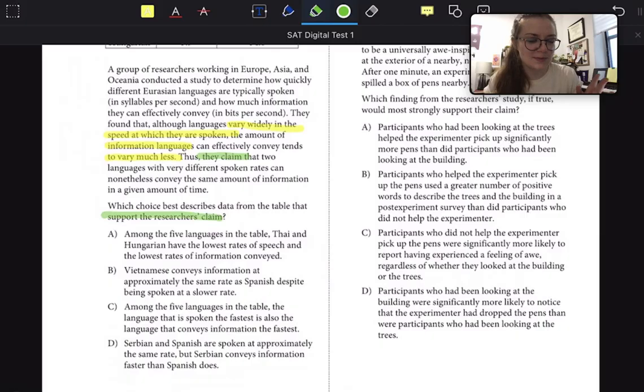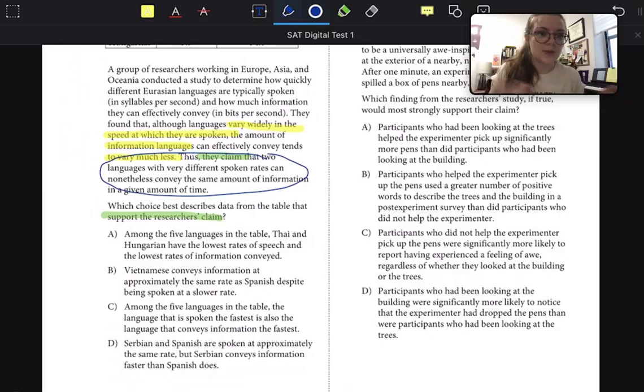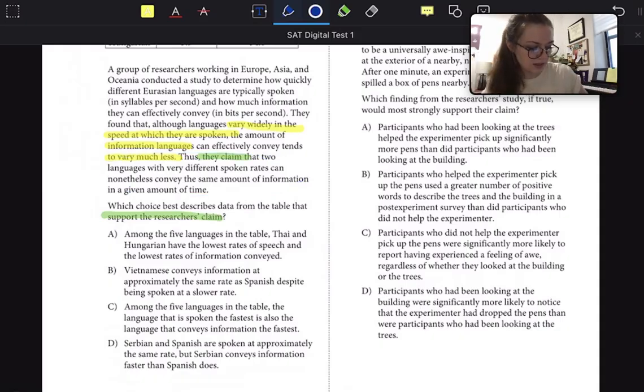It's not very common for them to say what is something that would contradict the information, but you always want to double check, because they can ask that. Just make sure that you know exactly what you're looking for within the question. So which data in the table best describes this idea that the speed of the language does not determine the amount of information? So let's go through these answers here.